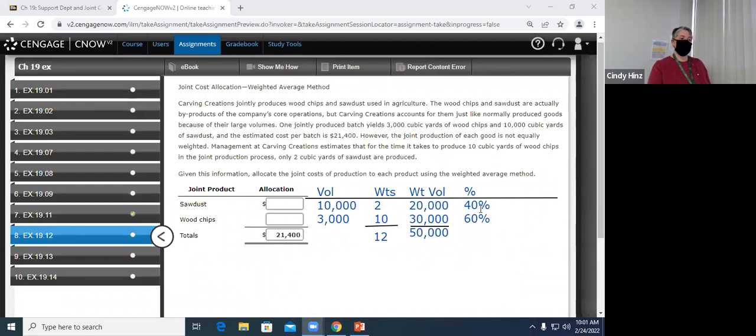So 40% of the time spent on sawdust, we're going to allocate 40% of the cost. 40% of the joint costs of 21,400 is $8,560. We know that what we're trying to allocate is the $21,400. And allocate 40% of that cost to sawdust, and the other 60% will go to wood chips.